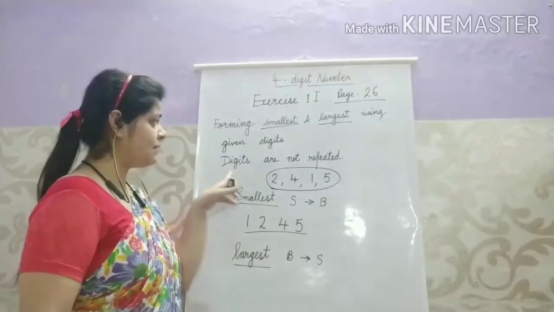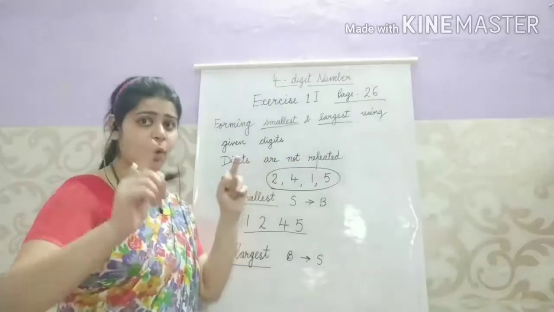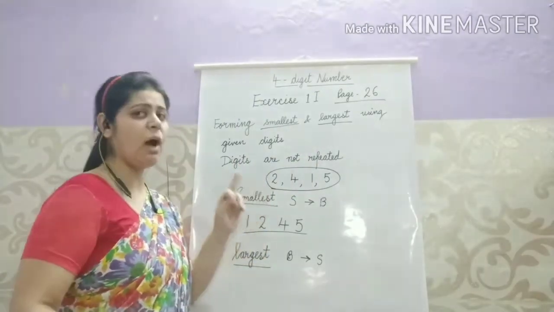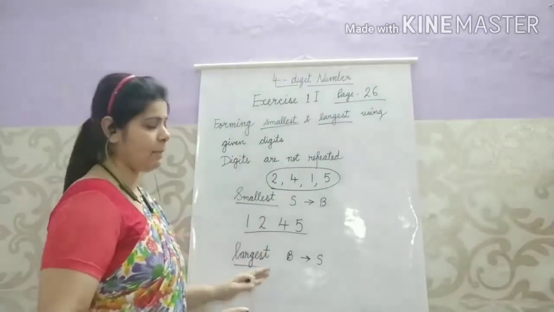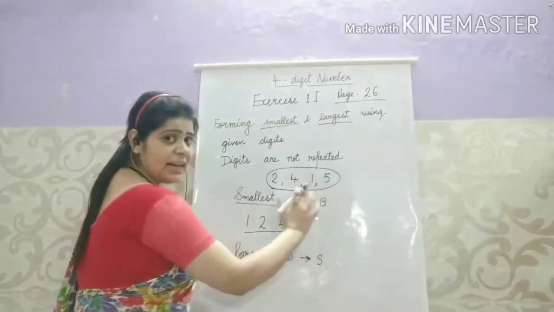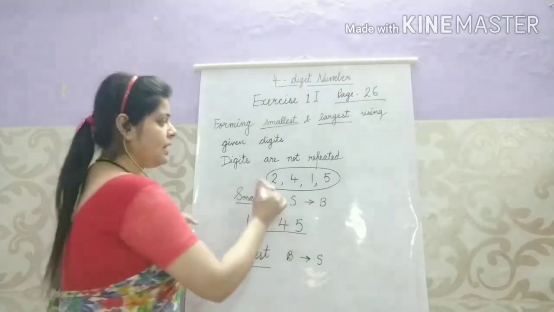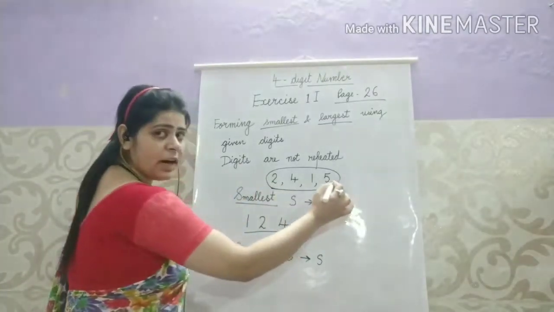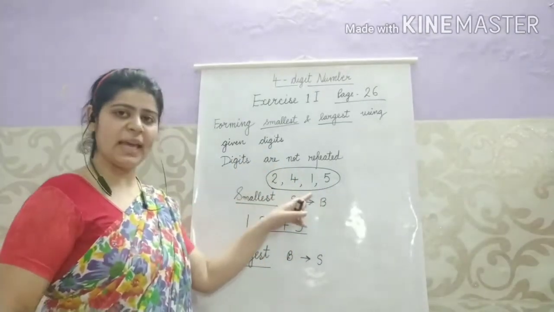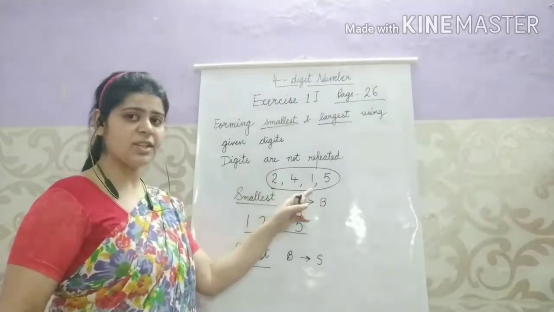And digits are not repeated. We don't have to repeat the digits. So now we will see how we can make it. Like in descending order, the same process you will use here also. Now you will see in all these 4 numbers which number is the biggest. Which number is the largest?